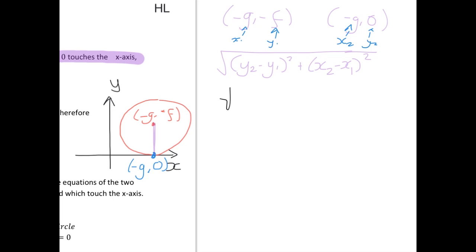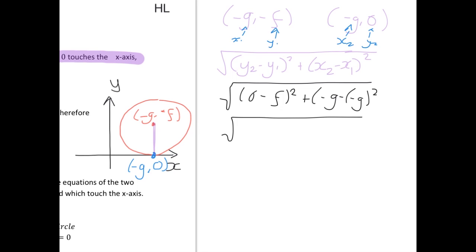Filling these values in, y2 is 0 minus minus f all squared plus x2 is minus g minus x1 is minus g squared. So we get the square root of f squared plus 0 squared. So it's the square root of f squared, which is just f.